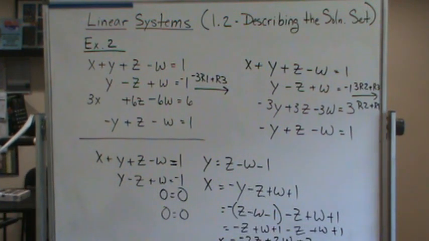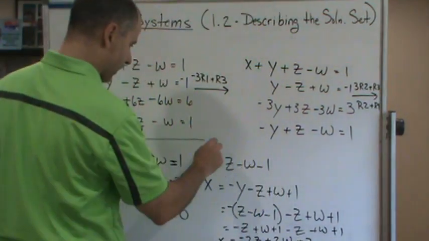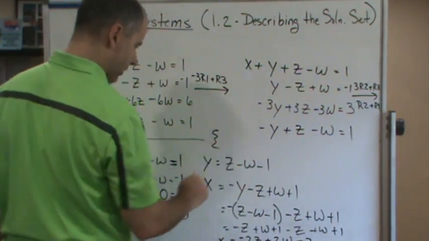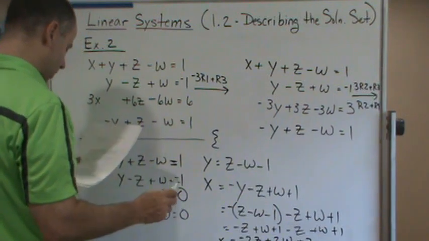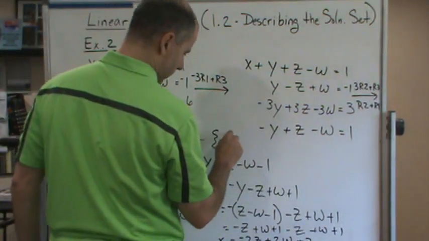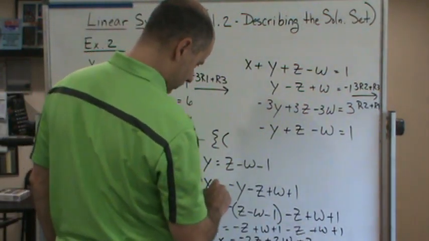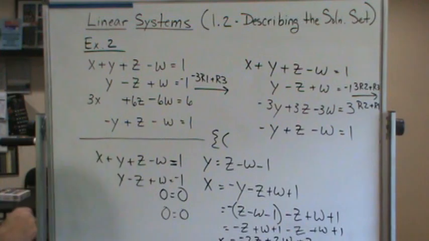So, how do we write this? Well, I'm going to write it here. So the set of what? If we write the set here, we're going to have x is equal to, how do I want to write that?